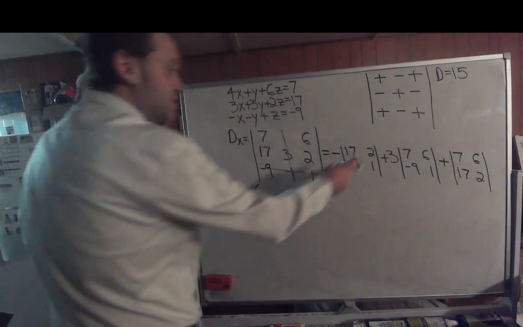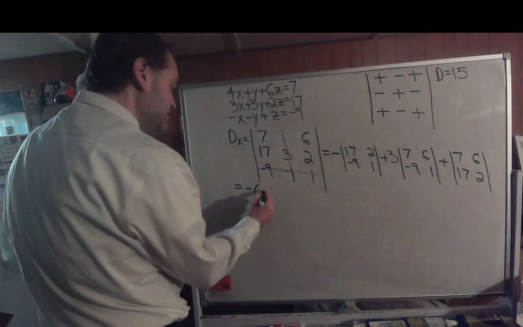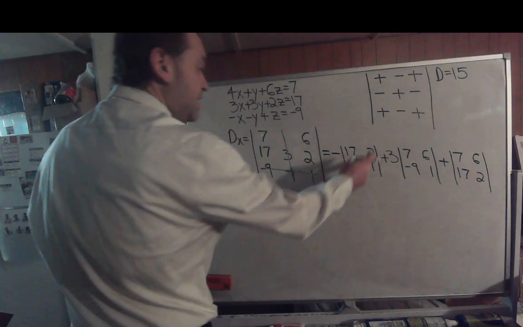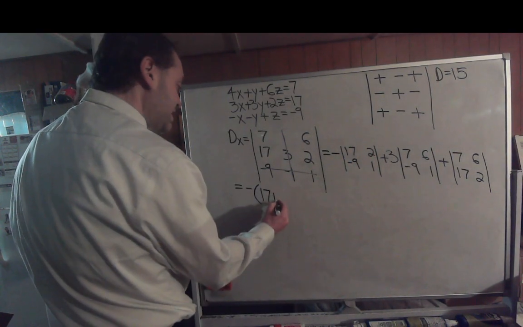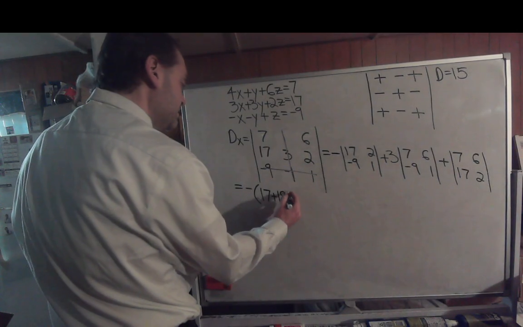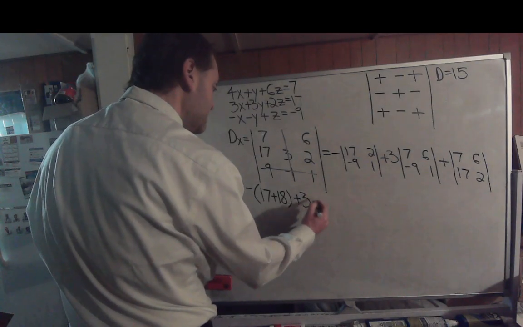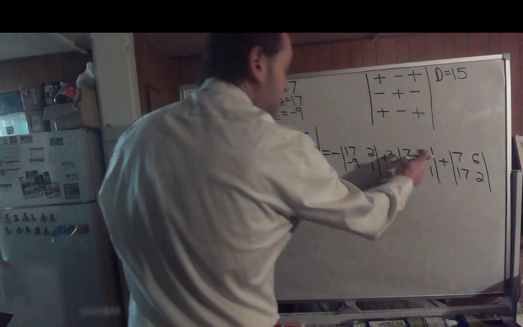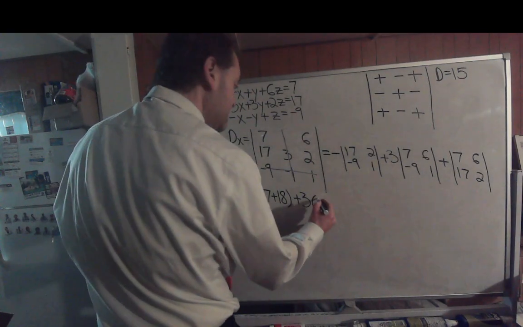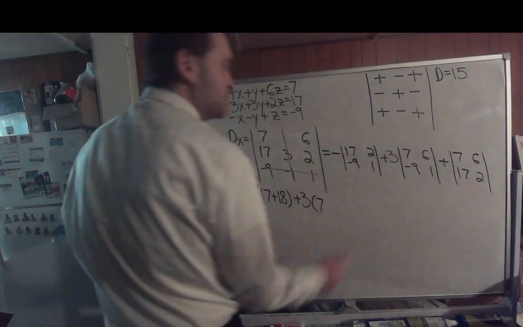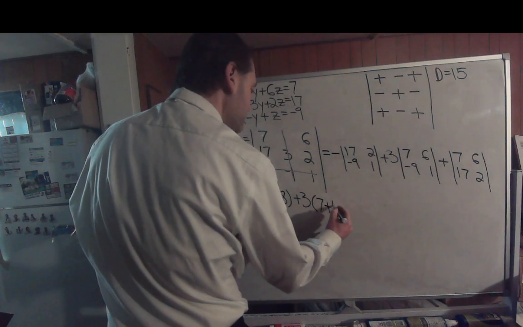Negative of your first determinant, 17 times 1 is 17, minus 2 times -9, it actually turns into plus 18. Then you have plus 3 times the next determinant. 7 times 1 is going to be 7, minus 6 times -9, that's actually plus 54.